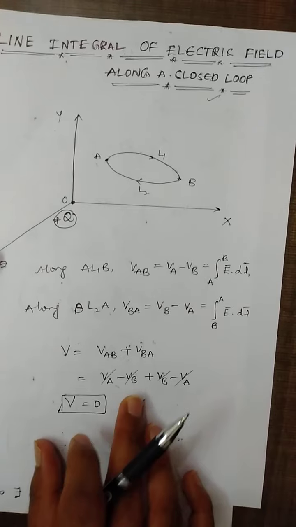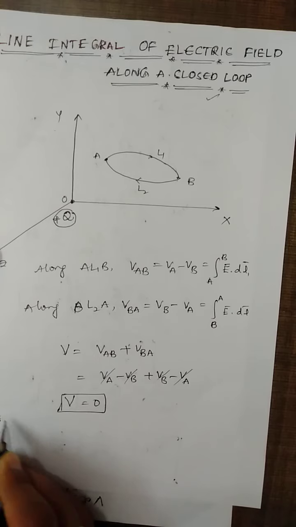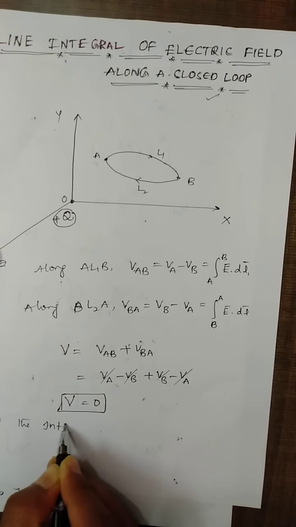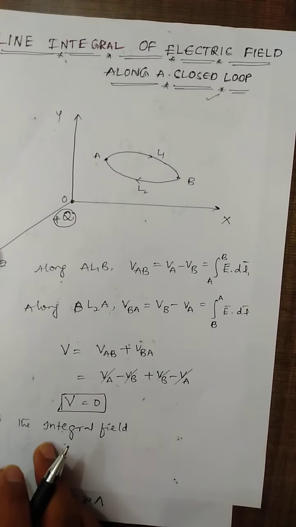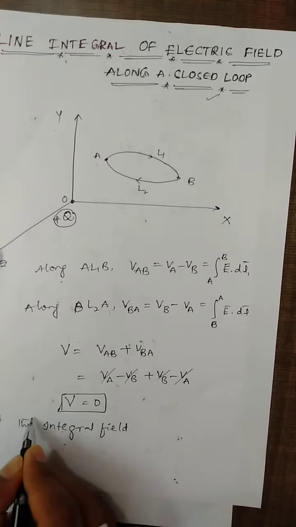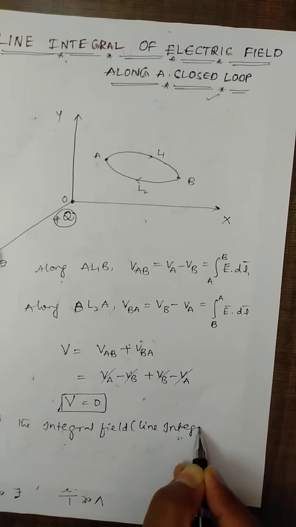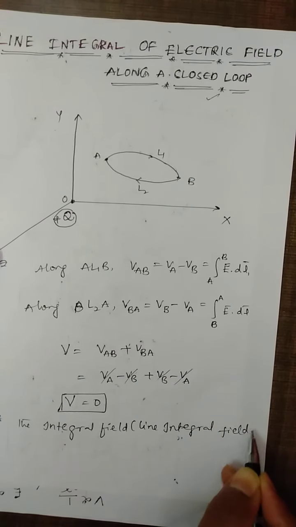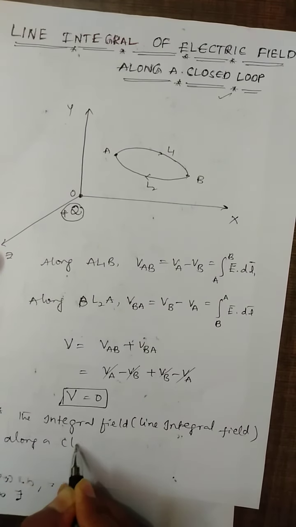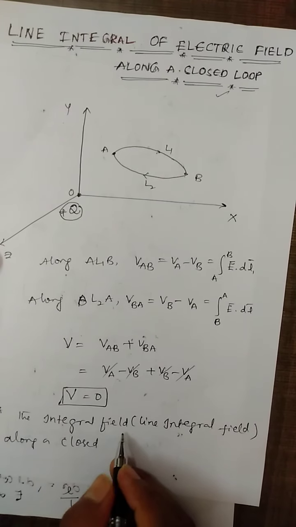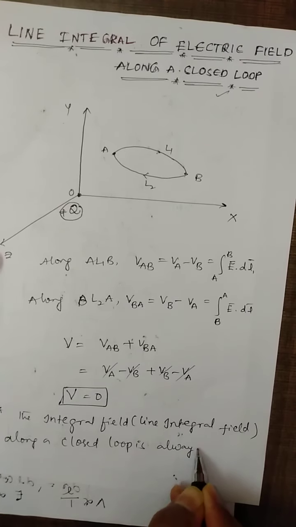So you can conclude that the line integral of the field along a closed loop is always 0.